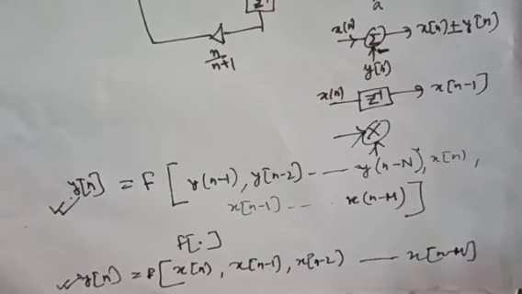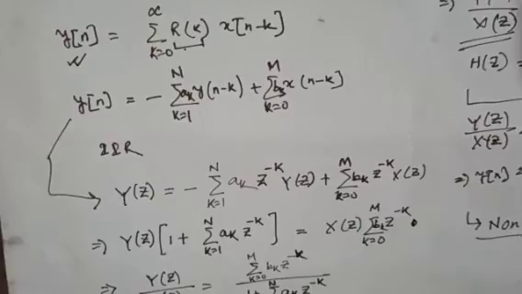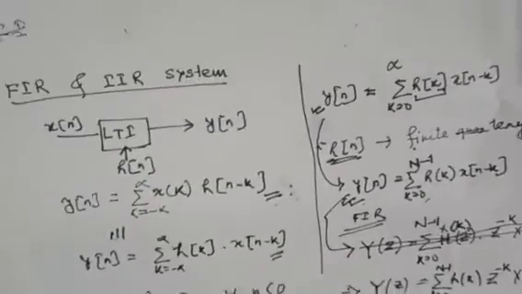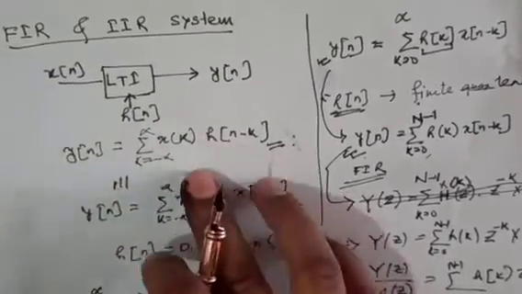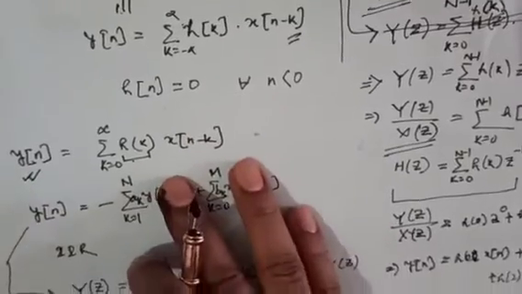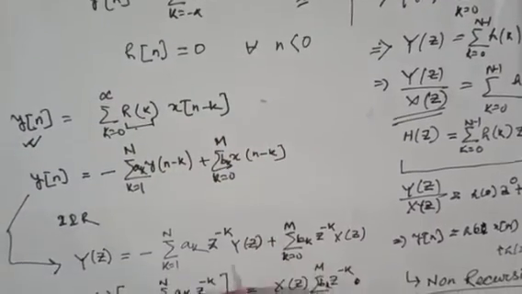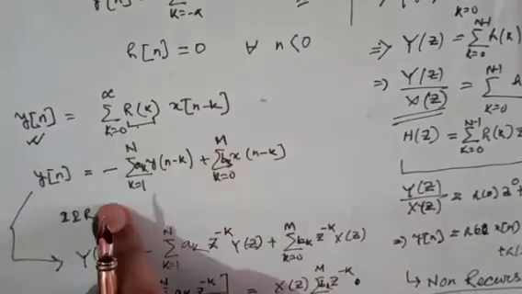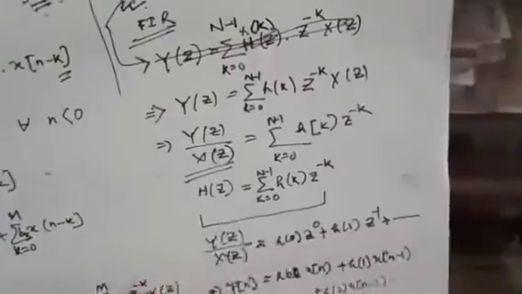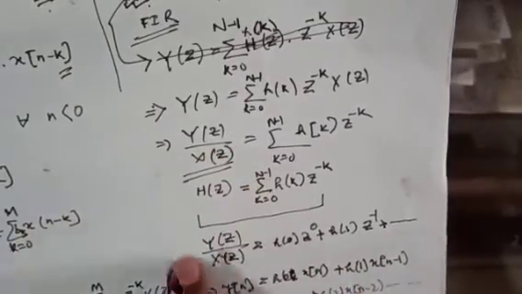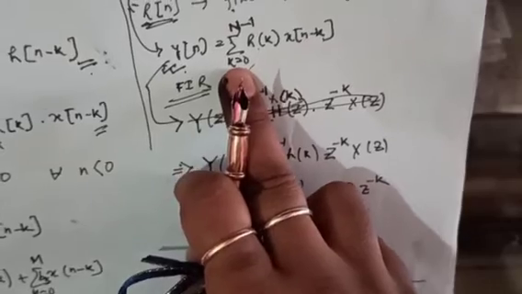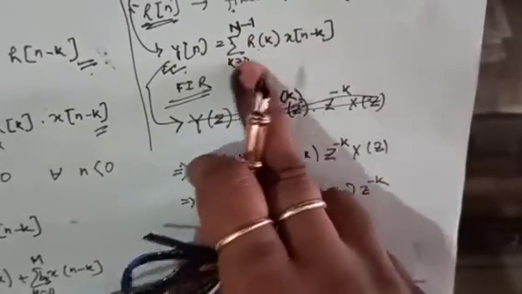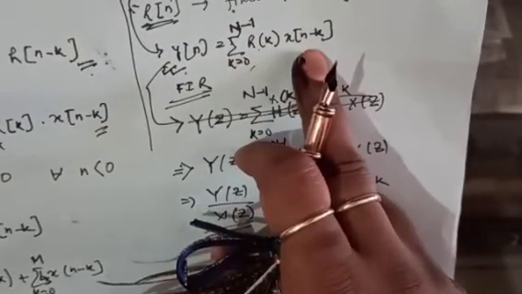Let us see. So till now what we have seen is the FIR and IIR systems. FIR means finite impulse response. If you look at the output equation of the FIR, y of n, k from 0 to n minus 1, this is a non-recursive equation.